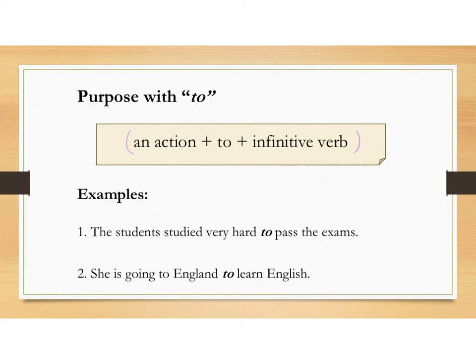For example, the student studied very hard to pass the exams. She is going to England to learn English. You may find that the connective to is very similar to the use of in order to and so as to, and you are correct.